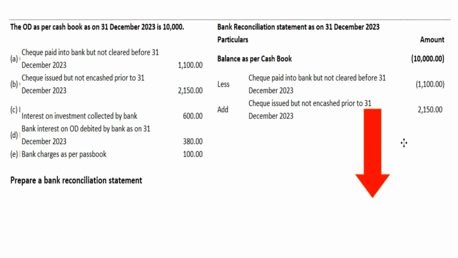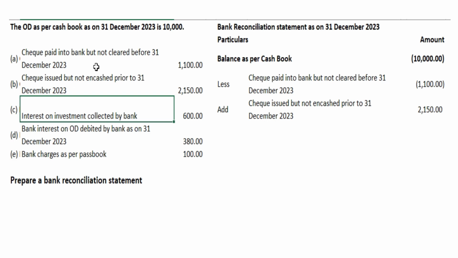Now, third transaction. Interest on investment collected by bank. It means we have some investment like investment in equity shares, mutual funds or debentures, some kind of instruments, and the bank has collected the interest on investment. So we need to think what the bank has done. Once the bank collects the interest, obviously it will be increasing our bank balance.